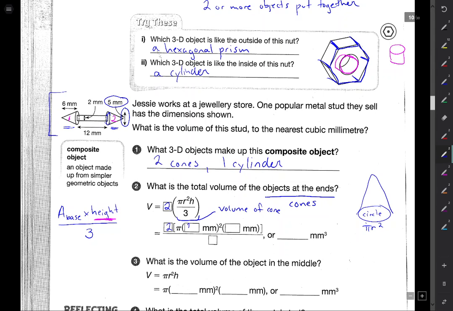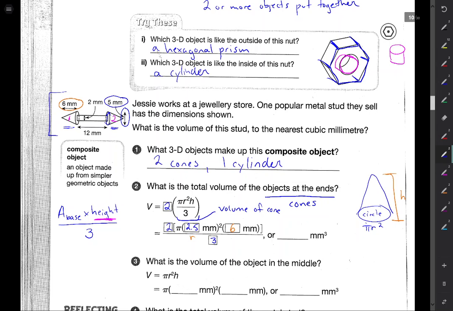So in this blank, we're going to put 2.5. That's the radius. Then the height of the cone is going to be from here to here. That's the height. So if we're looking on our diagram, the height would be this measurement, 6. So I'm going to put a 6 there. And then we're going to divide all of that by 3.